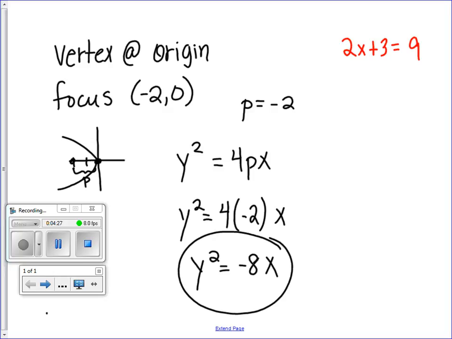It's kind of right there in front of you telling you what to do. Right here, you get 2 pieces of information. The vertex at the origin and the focus is -2, 0. And you have to figure out what to do with that information. You have to literally think through it. Look at your notes. Think about, what do I have and what do I need in order to get the answer? They obviously gave you this for something.